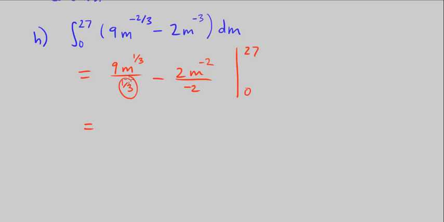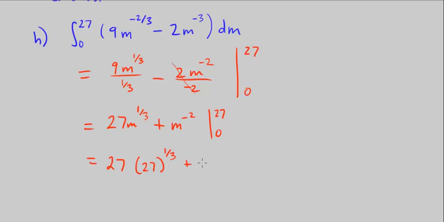Okay. Multiply by the reciprocal here to get it up in the numerator. That's 27m to the 1/3 power minus 2 over negative 2 cancel, and we get plus m to the negative 2 power from 0 to 27. Now I'm going to plug in 27. So I have 27 to the 1/3 power plus 27 to the negative 2 power minus, right?